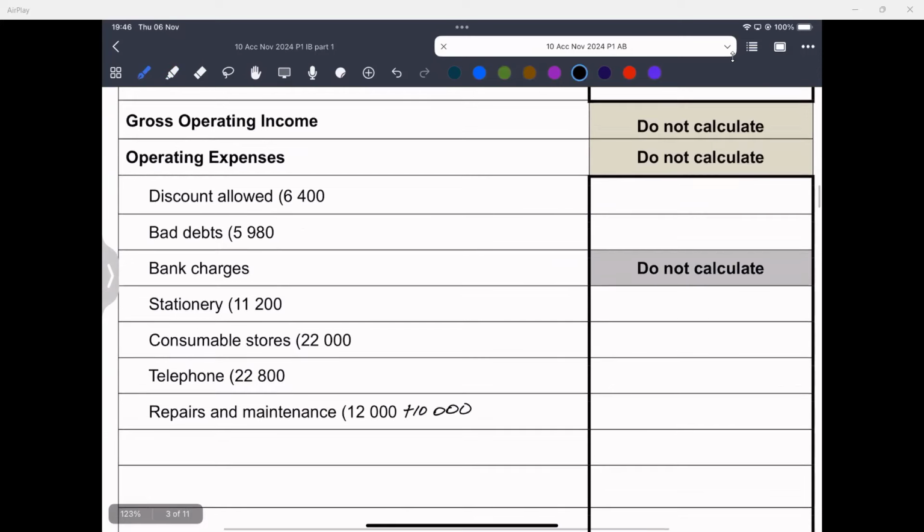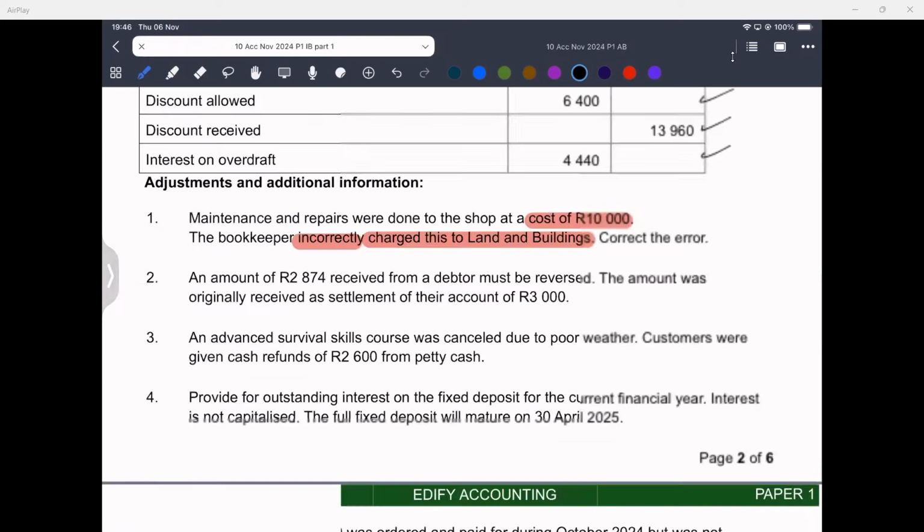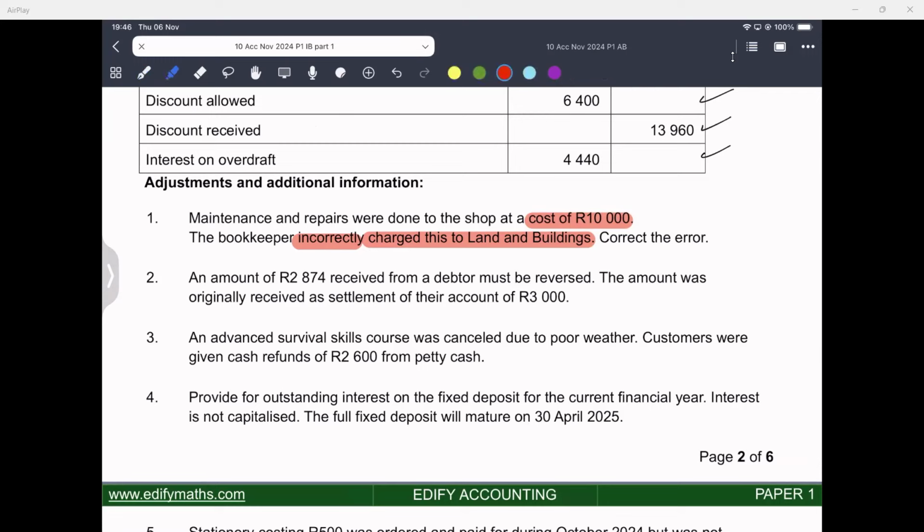But the only thing I can do right now is to add it to the correct account, which is repairs and maintenance. And for land and buildings, I cannot do it since there is no note number 3, nor is there a statement of financial position. And for adjustment number 2, an amount of 2,874 received from a debtor must be reversed.